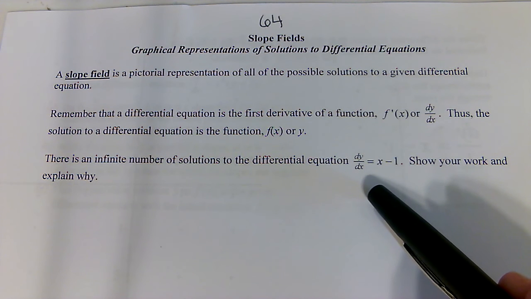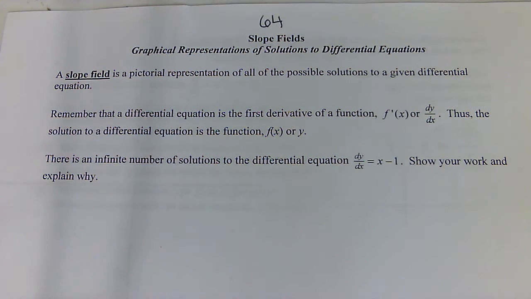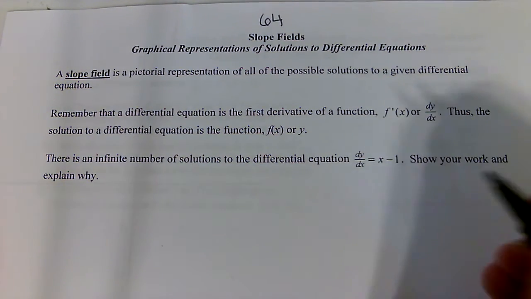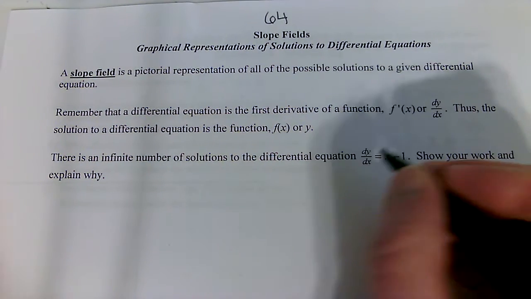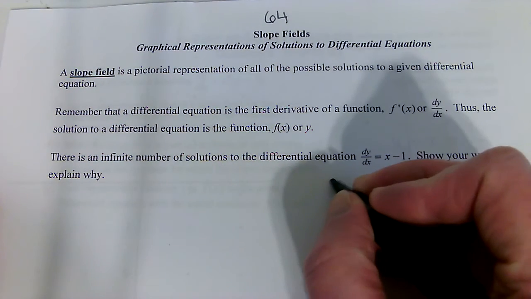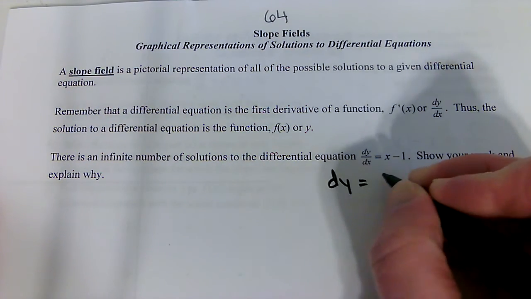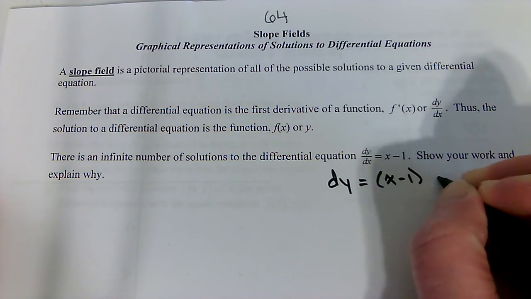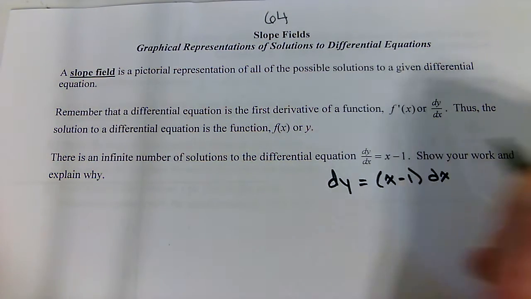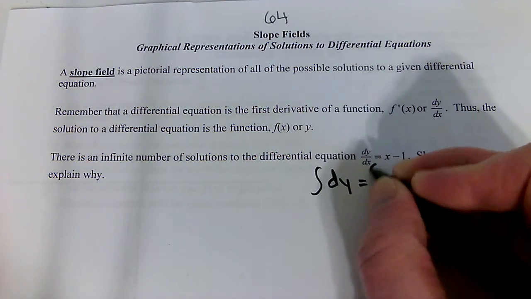And let's think about why that is. Why do we have infinite solutions to a differential equation? Well, if I rewrite this, that's dy equals x minus 1 dx. We take the integral of both sides.